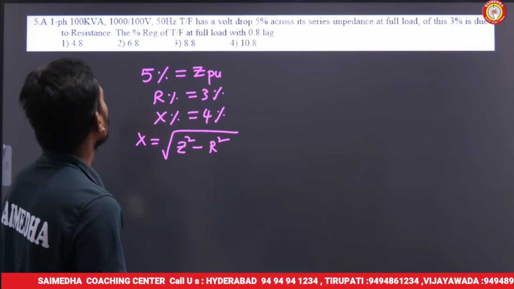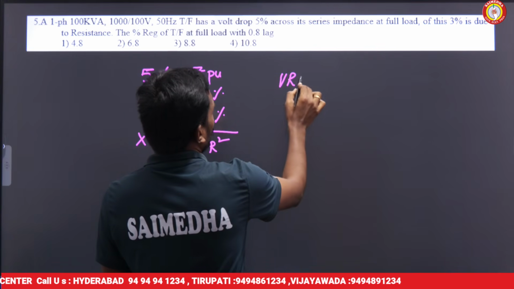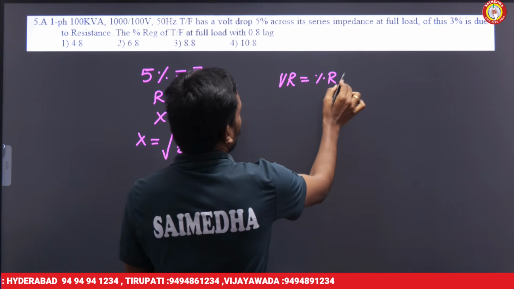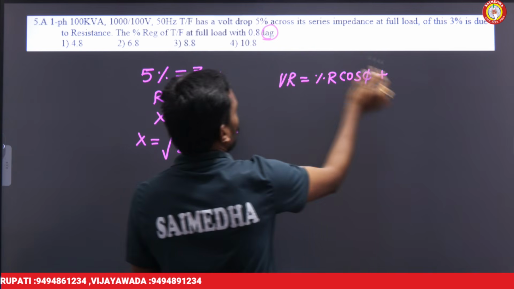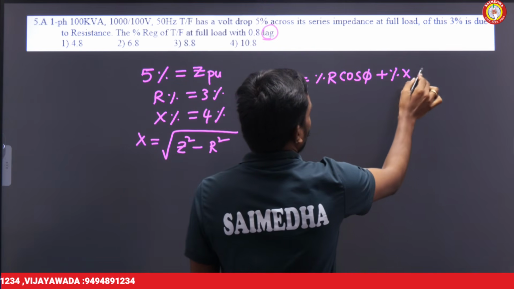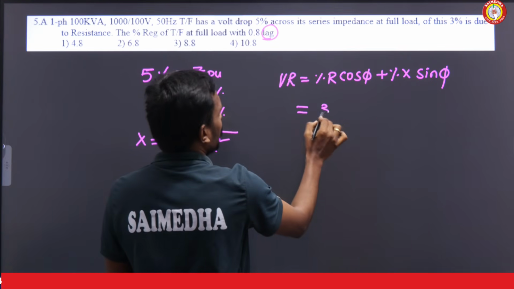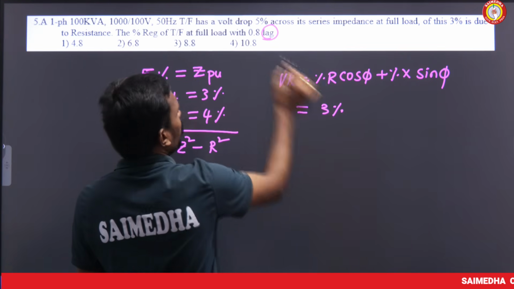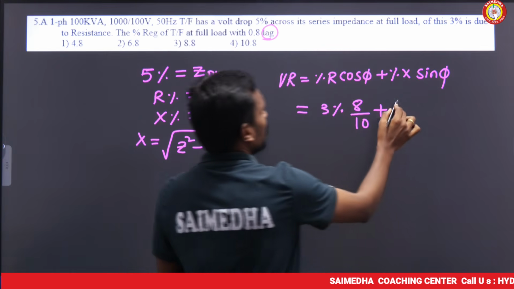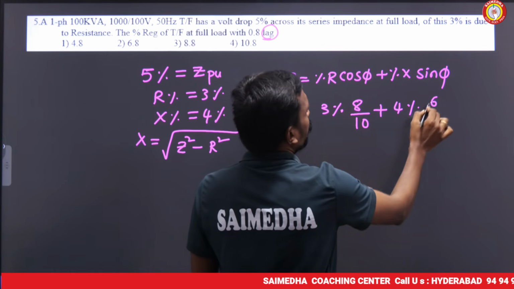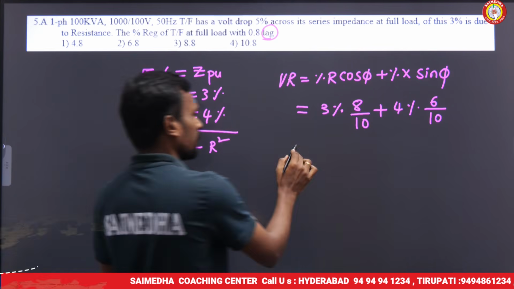So the percentage regulation at full load 0.8 lagging. Voltage regulation is equal to percentage resistance into cos phi plus, because of lagging, plus percentage reactance into sin phi. In our question, percentage resistance is 3%, cos phi 0.8, plus percentage reactance 4%, sin phi 0.6.